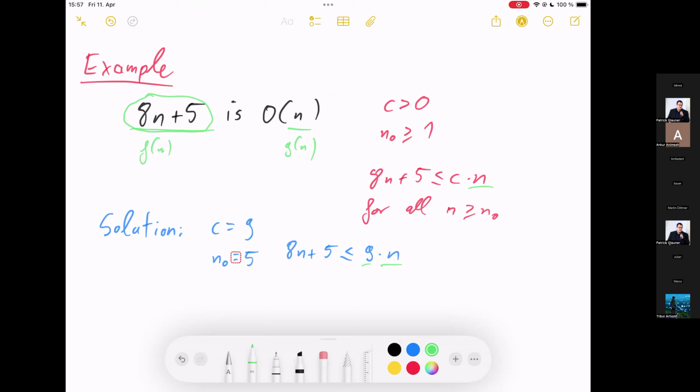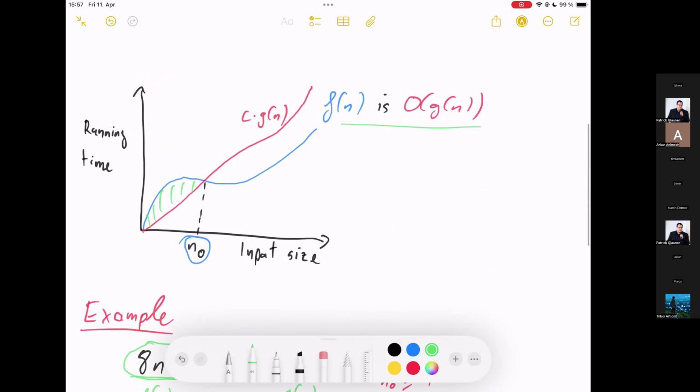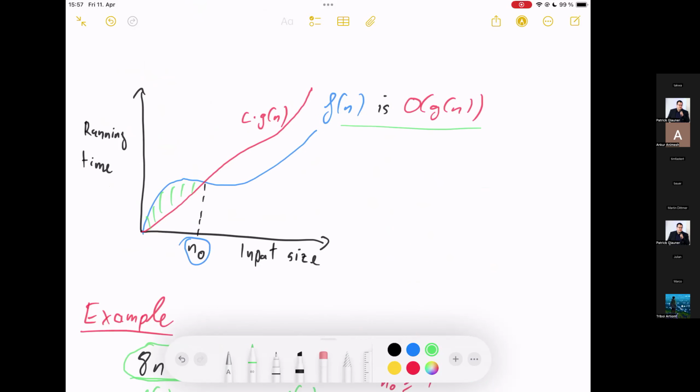It's maybe not the minimum values, but with this O framework, we also don't require the minimum value for n0, but rather we can pick some n0 for which this relation holds true.